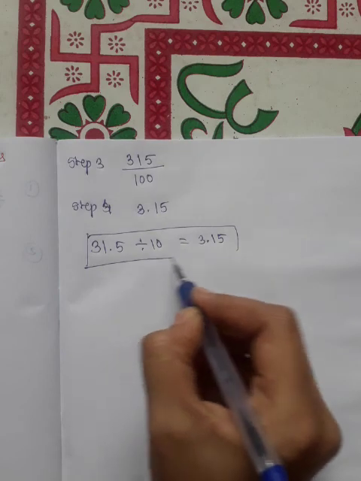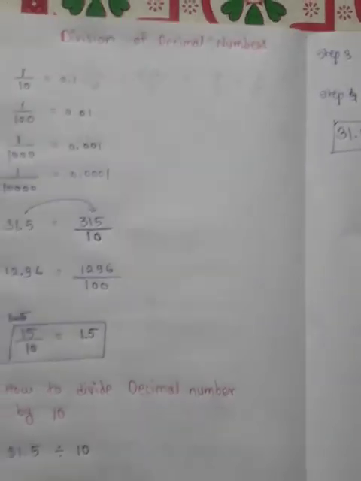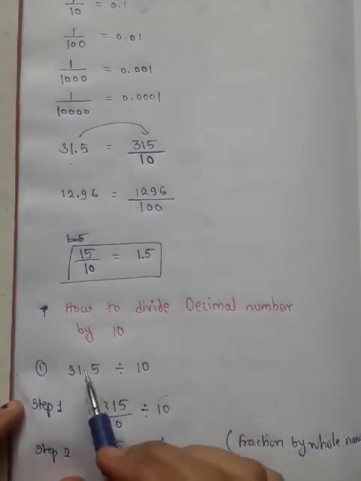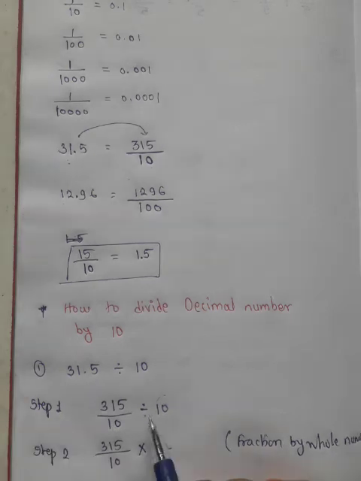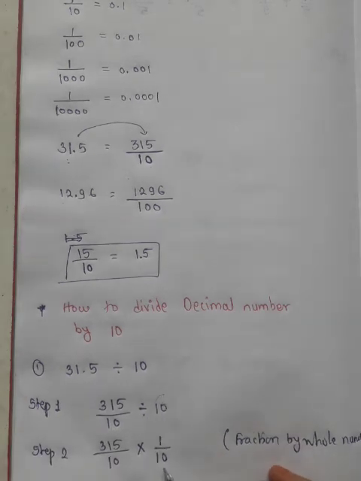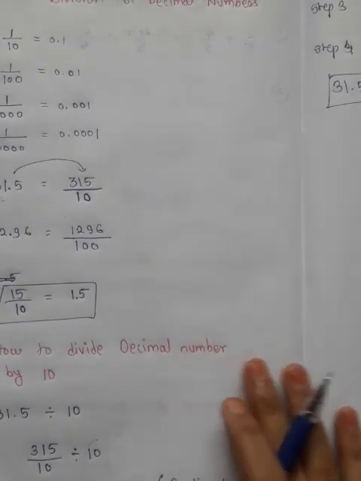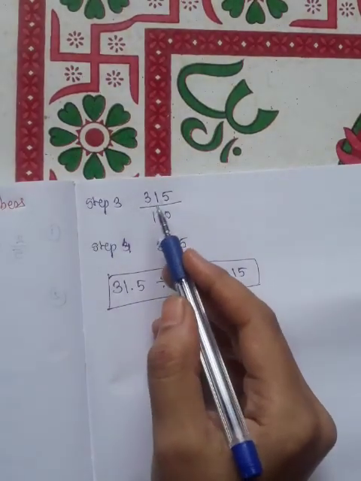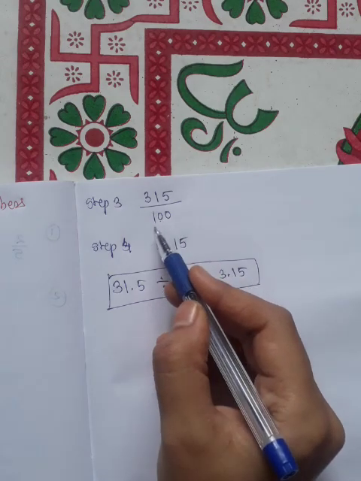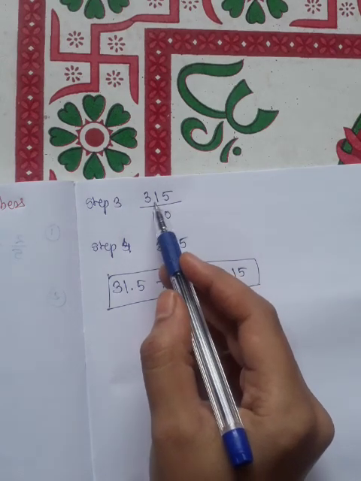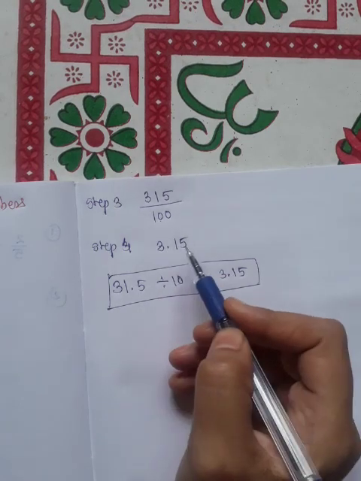So what is our first step? Whenever we divide any decimal number by 10, convert this decimal number into a fraction. Write the fraction as it is, replace the division sign by multiplication, write the reciprocal of the divisor, and just multiply. There are two zeros over 1, so put the decimal point before two digits.